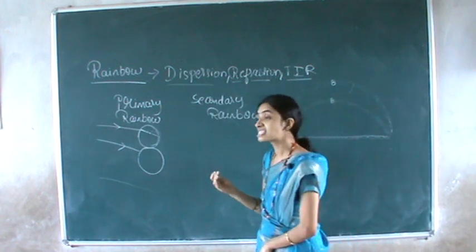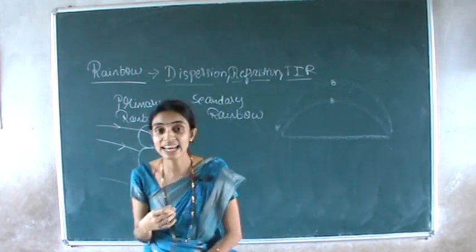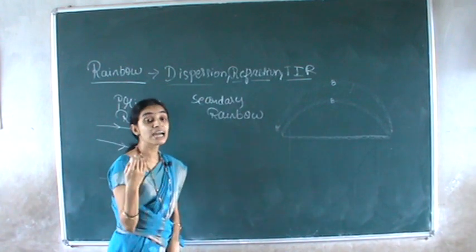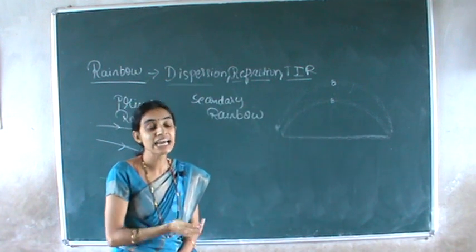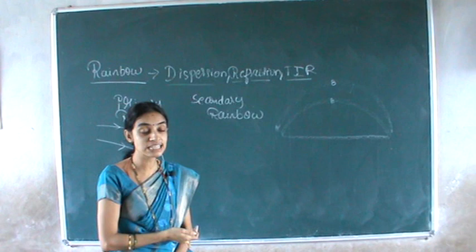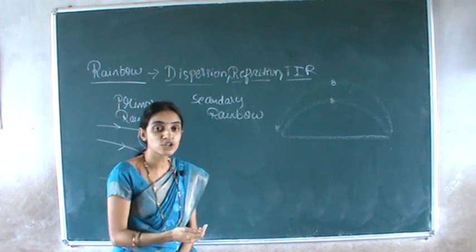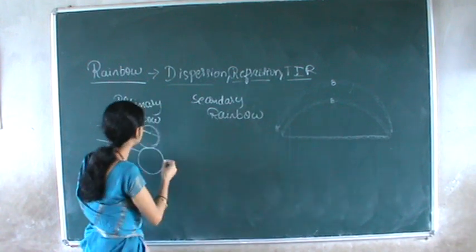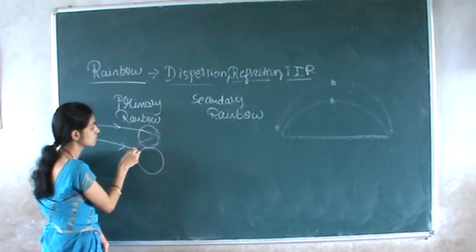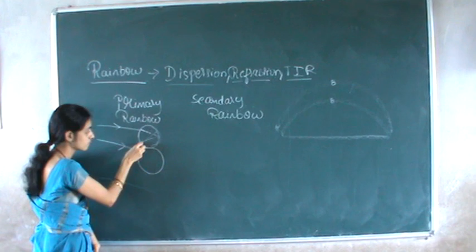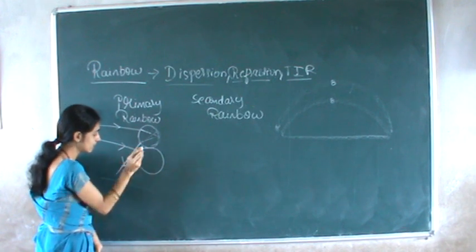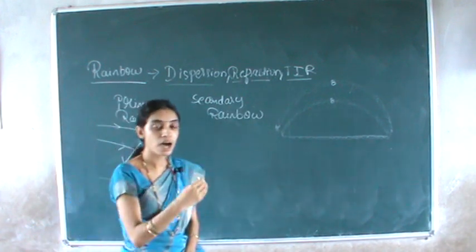When a ray of light travels from a denser to a rarer medium at a particular angle of incidence, the ray is totally reflected back into the same medium. Finally, the light ray emerges out.